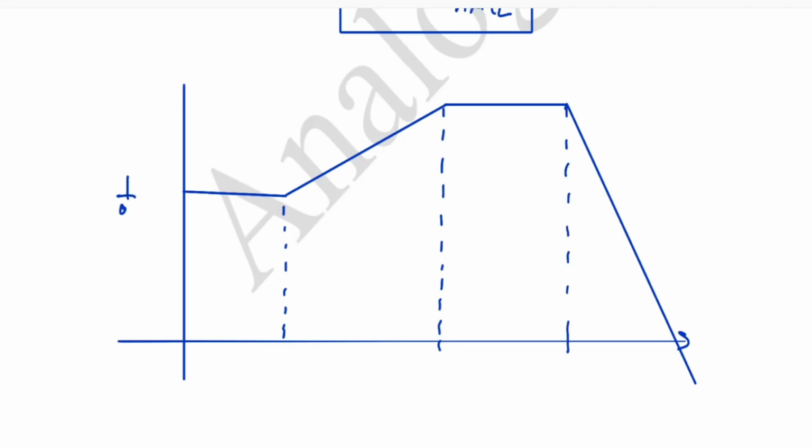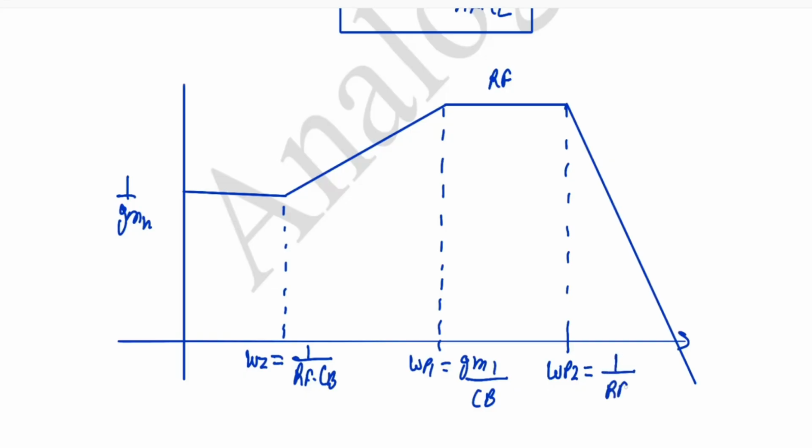This is 1 by Gm of the CMOS, this is Rf, this omega z equal to 1 by Rf into Cb, the blocking capacitance, this omega P1 equal to Gm1 by Cb, and this one is omega P2 equal to 1 by Rf into CL. So this is our complete Bode diagram for our output impedance.